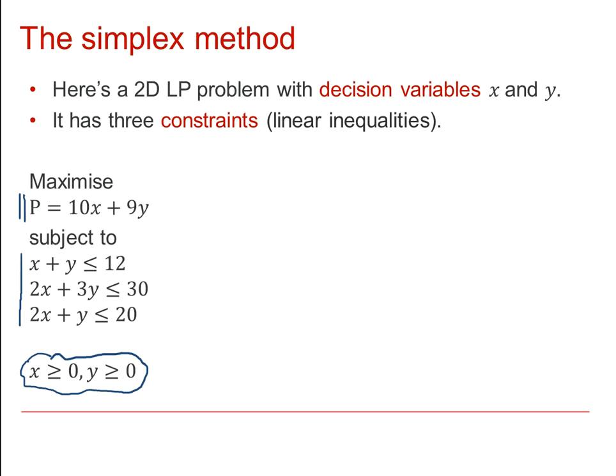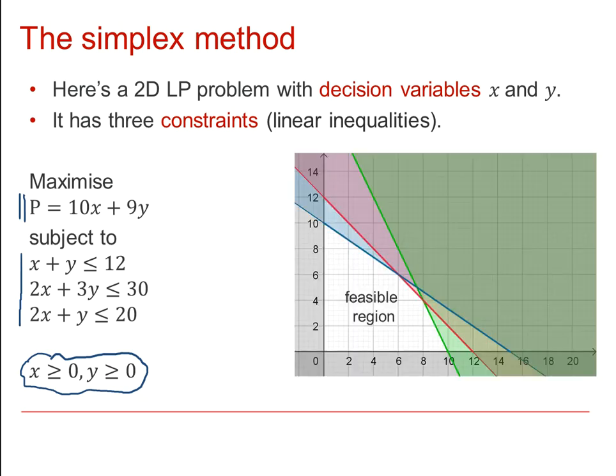We can put all of those onto a graph, and you've seen this in videos before, and we know then that the solution is going to be at one of the vertices of the feasible region. We know that each of these vertices is the solution to simultaneous equations.